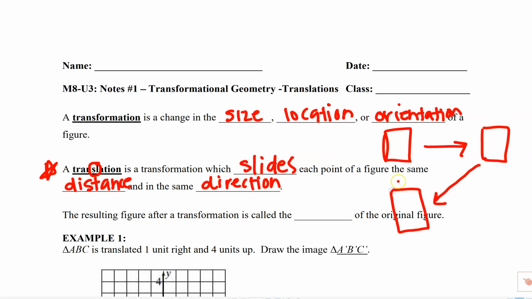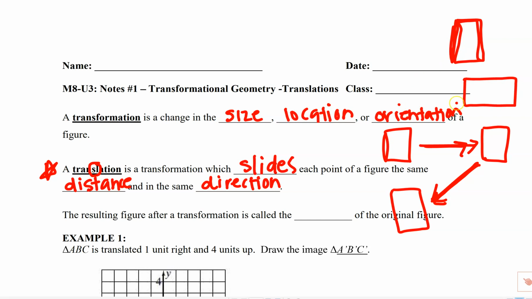That just means sliding. Well, if you slide something from one place to another, is it changing size? No, it's not changing size. Is it changing location? Yes, it's changing location, right? Orientation means, well, if it's up and I just move it, is it still up or is it now laying down?